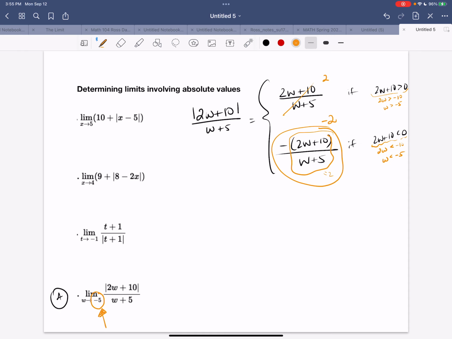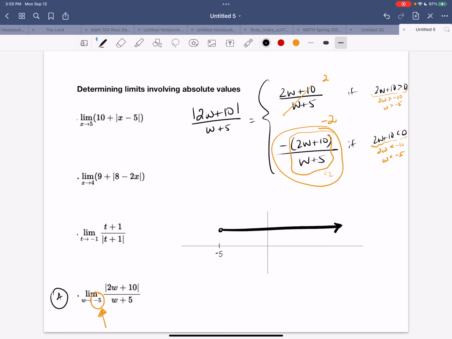And now this one is similar to that last one we did, where I can sketch. I'll do method 1. I can sketch because sometimes my graph is 2, and then other times my graph is negative 2. So the cutoff point is at negative 5. So here's negative 5. Okay, and now sometimes my function is 2. So it's 2 if w is bigger than negative 5.